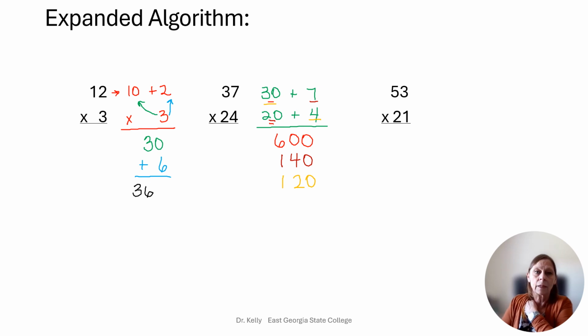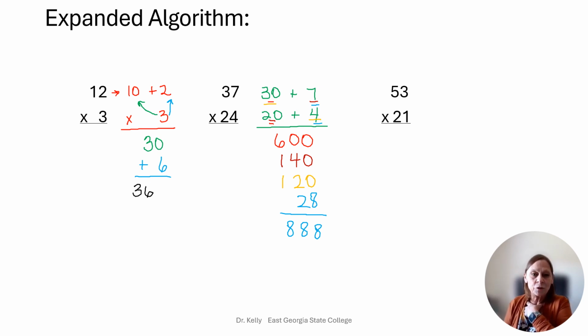And then finally, 7 times 4 is 28. And we add all that up. 888. Oh, excellent. I didn't realize that.